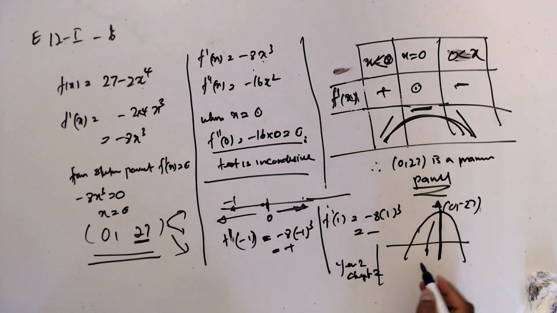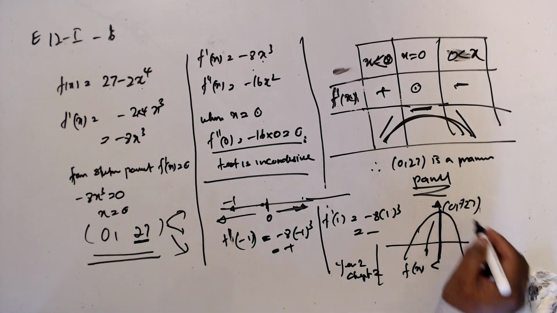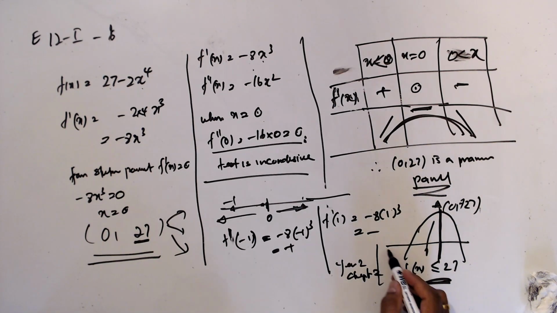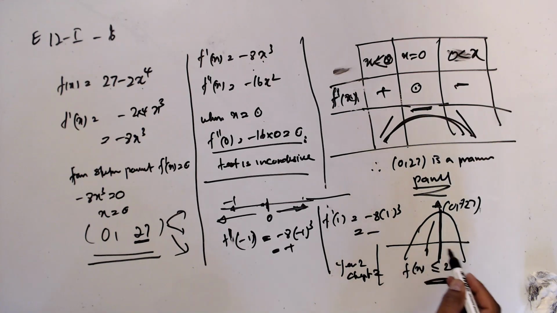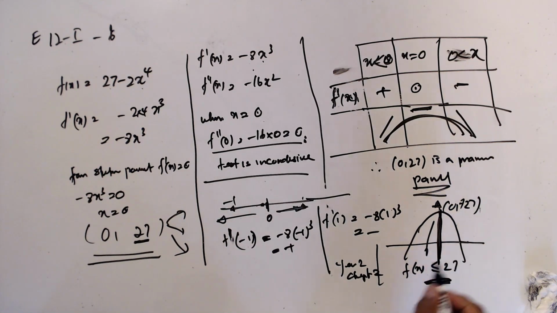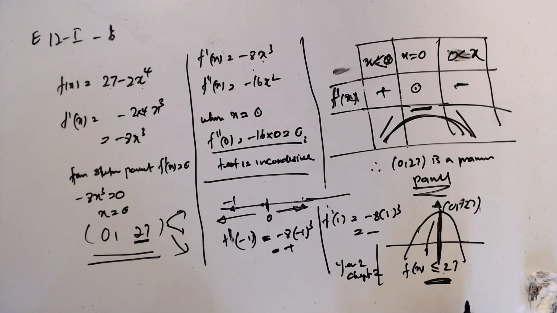So the range is f(x) less than or equal to 27. Range means when you insert x values, what values y can take. So y can take any values less than or equal to 27.